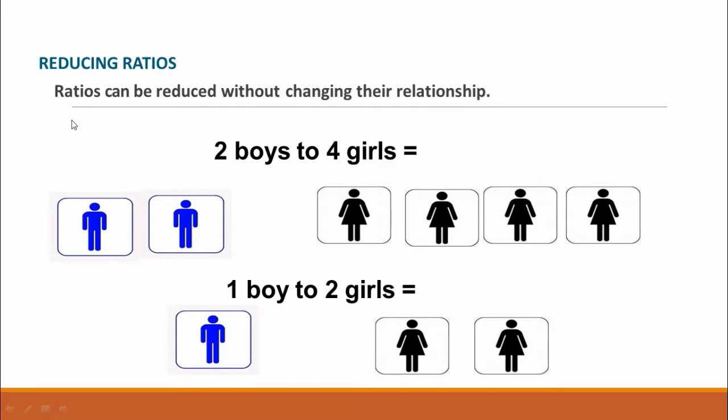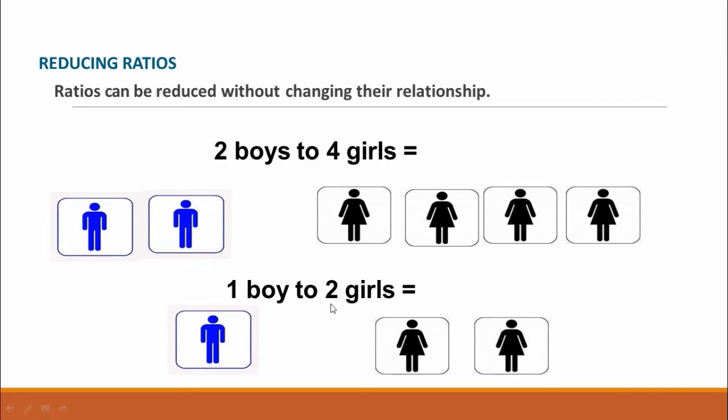Now, reducing ratios. Ratios can be reduced without changing their relationship. For example, in this example, we have two boys and four girls. There are two boys ratio four girls. Now we can reduce this ratio by simplifying, 2 and 2, and 2 to the 4. So this is the reducing of the ratio: 1 ratio 2.